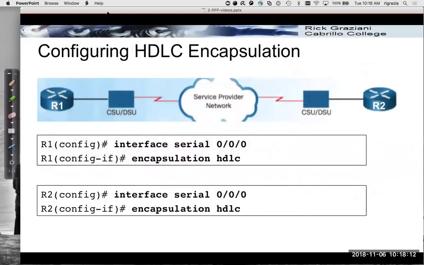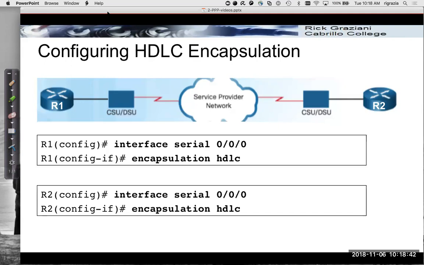As far as encapsulation, it's the default encapsulation on serial interfaces on most Cisco devices, but if you want to manually configure it, maybe you had PPP as your encapsulation, which we'll be talking about more later, and want to change it to HDLC, you might be able to, on most IOSs, just type no encapsulation. That will always revert back to the default, but I always like to be sure.